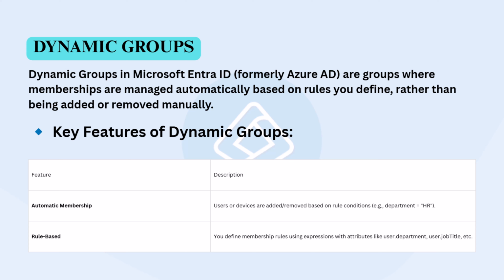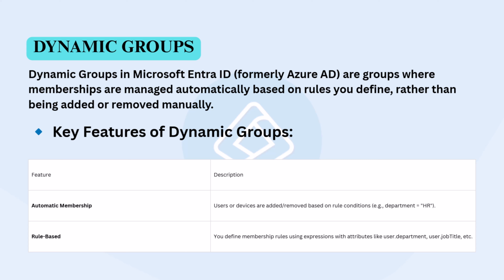First is automatic membership. If it is a user dynamic group, based on user attributes, you can define the automated membership of these groups. For example, if you choose department to be the attribute which will define the group, then department is equal to HR, department is equal to IT, department is equal to sales.